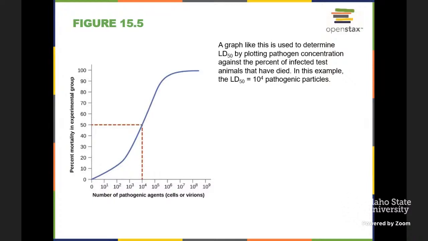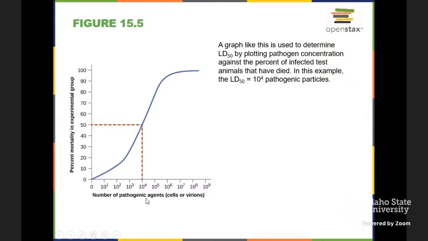So that's what we're looking at with this. The LD50, LD is lethal dose. And in this circumstance, the LD50 is what is the concentration that ultimately will kill 50%? That's the LD50, all right?